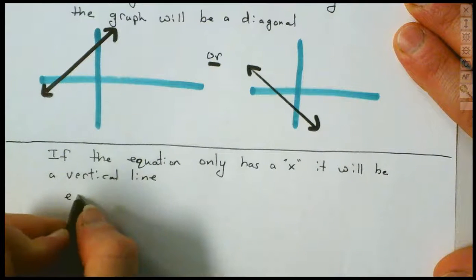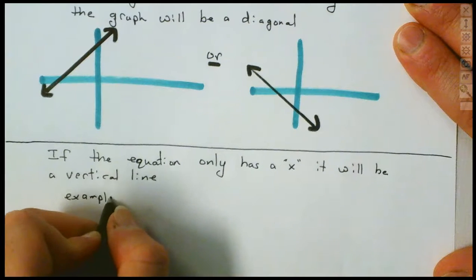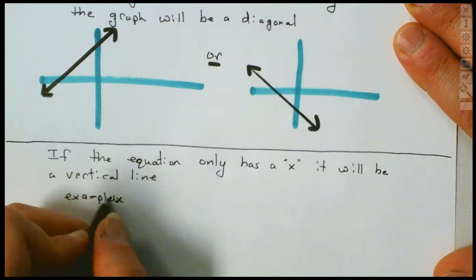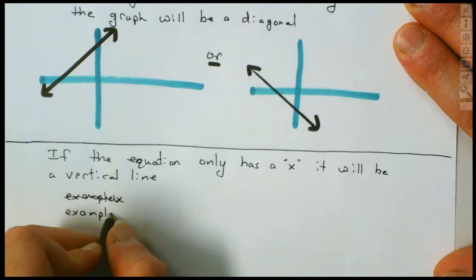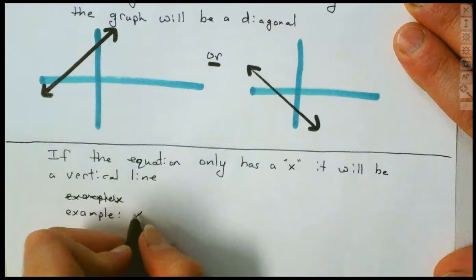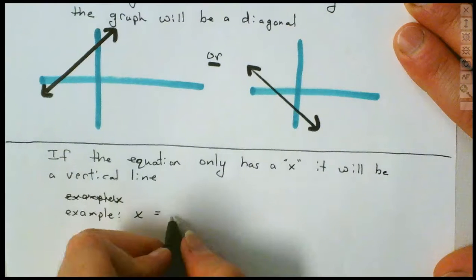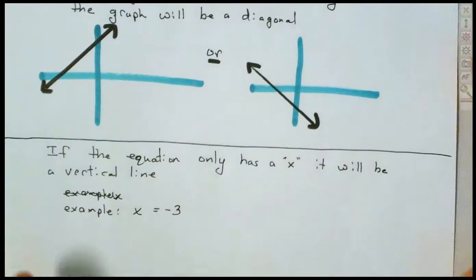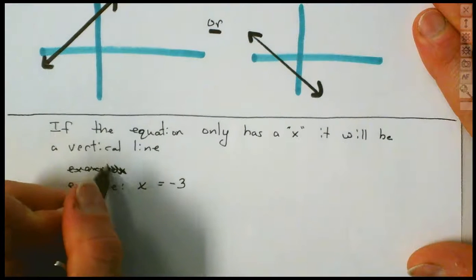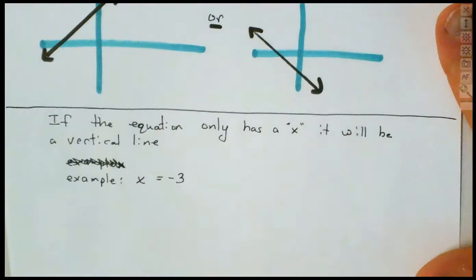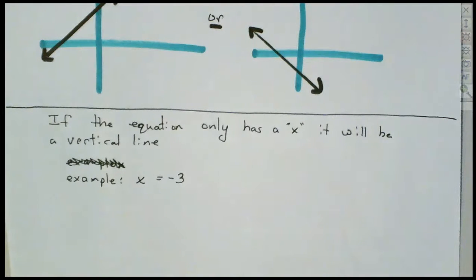Here's a quick example. X equals -3. So this equation only has the variable x. If it only has a variable x, it is going to be a vertical line.